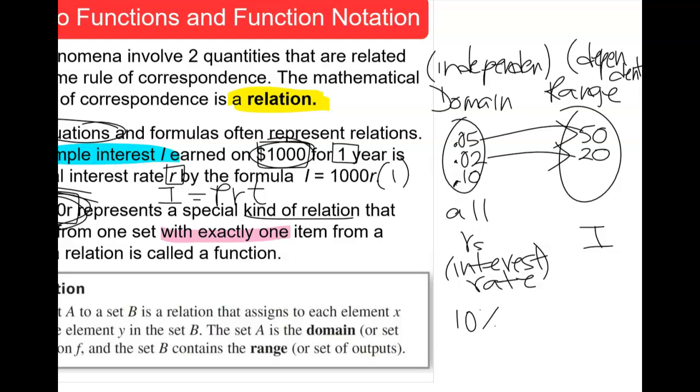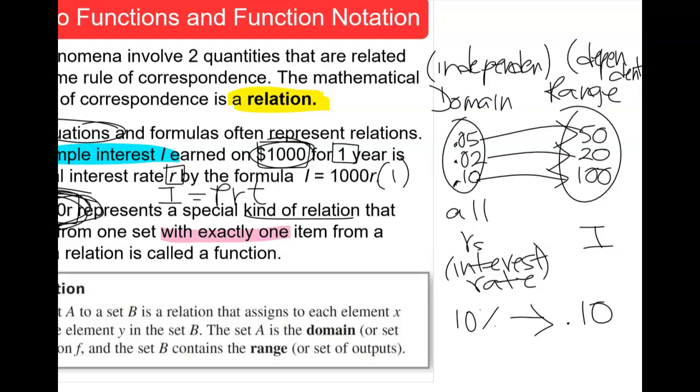So 10% is 0.10. So if we do that, 1,000 multiplied by R, like it says in the equation here, the interest earned will be $100.